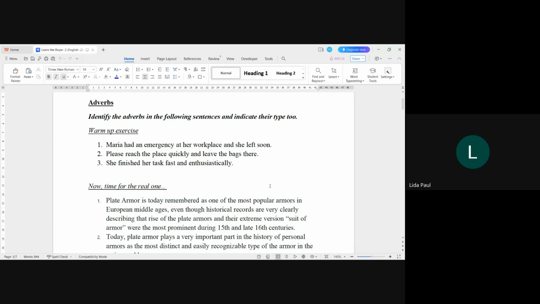Second one: please reach the place quickly and leave the bags there. Quickly, yes, of course. It's the adverb of manner. Anything else? How about there? Is there an adjective, pronoun, or an adverb?